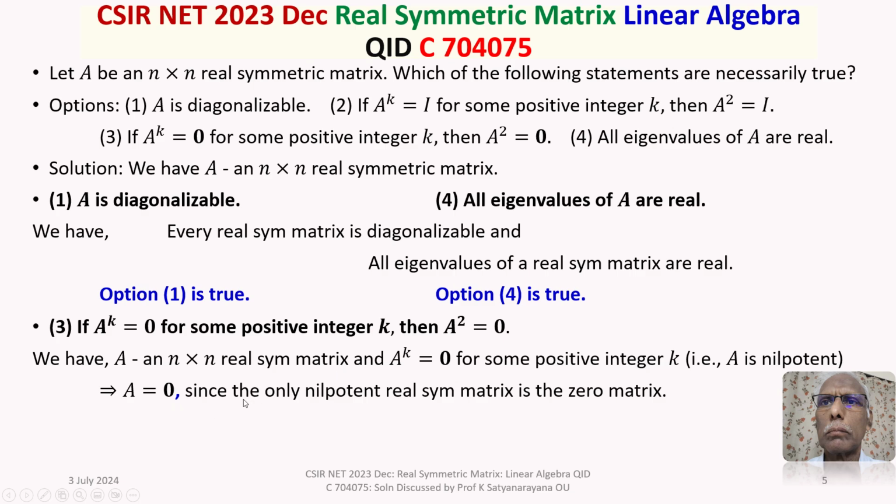So A is 0. When A is 0, A square is also a zero matrix.